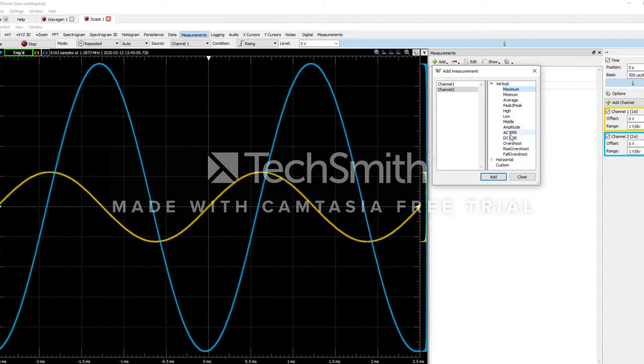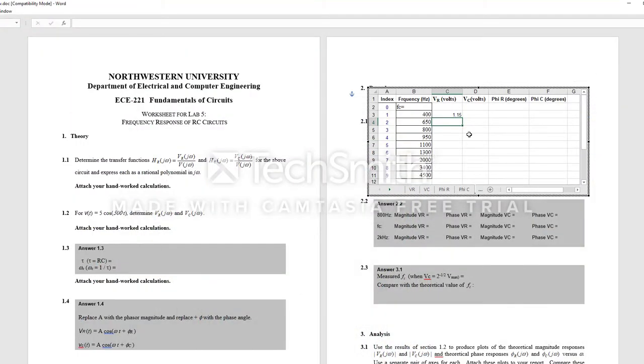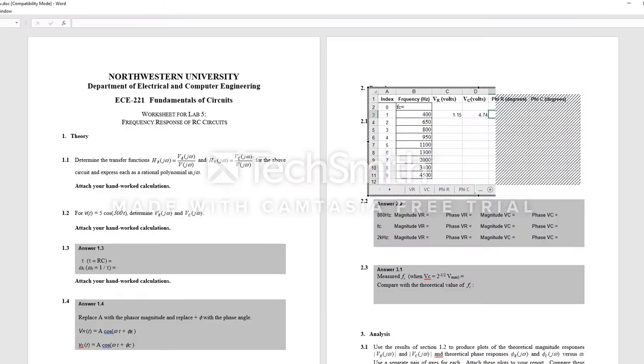You can find the RMS voltages here as well. It's around 4.74, let's say. Okay, now the phases.